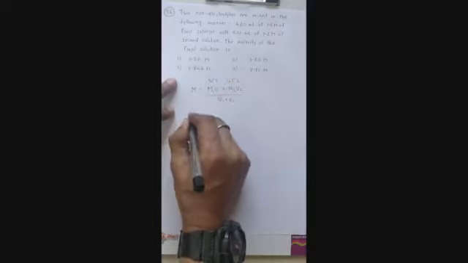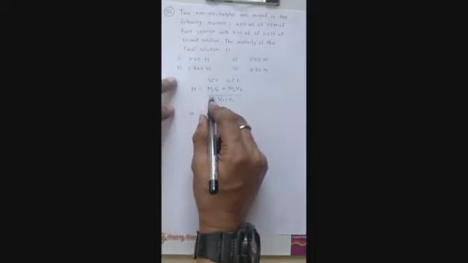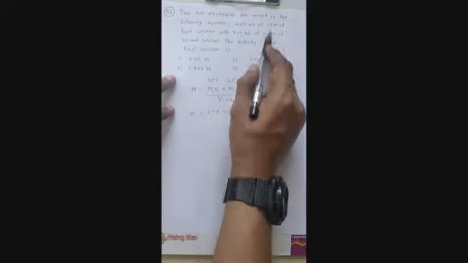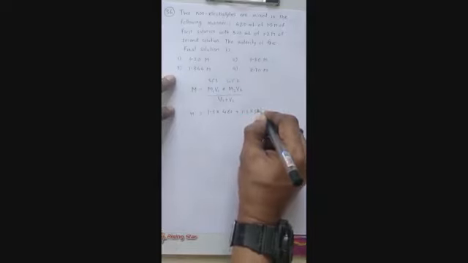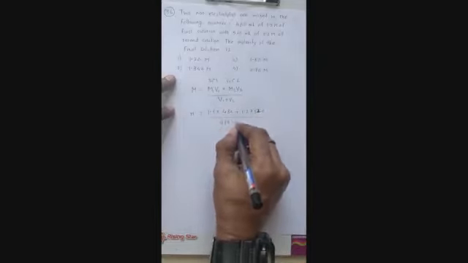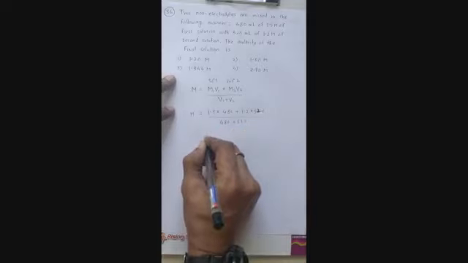Therefore, the final molarity is going to be, now this M1 is 1.5 into 480. Right? I am taking the values from here. Plus M2 is 1.2 into 520. Upon the total volume, that is going to be 480 plus 520.